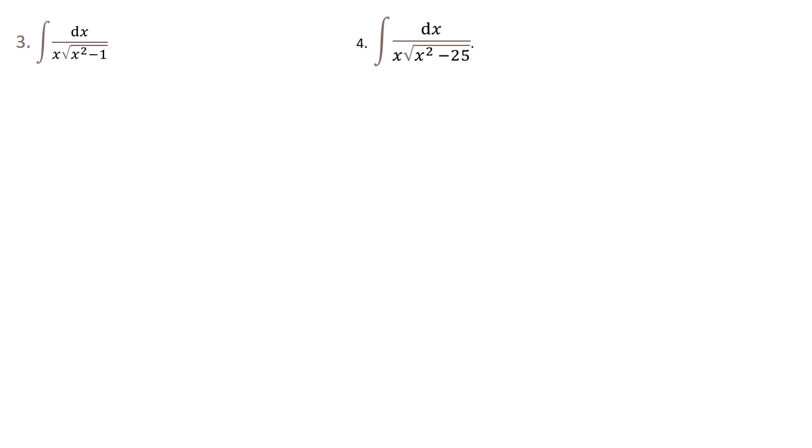Alright, we have that one. On number 3, integral of dx over x square root of x squared minus 1. So just follow the formula.